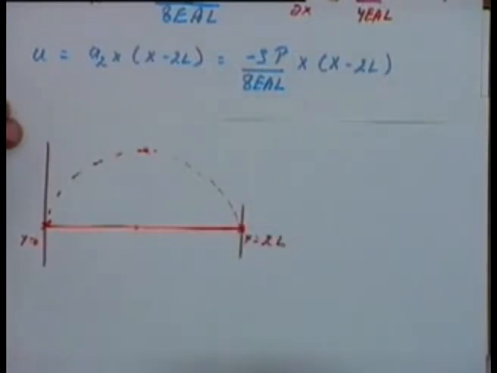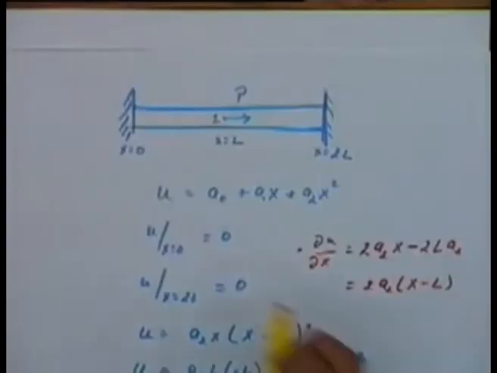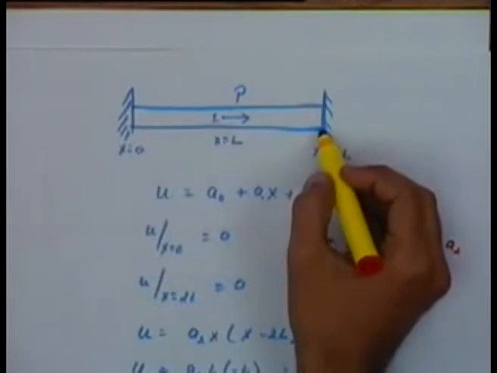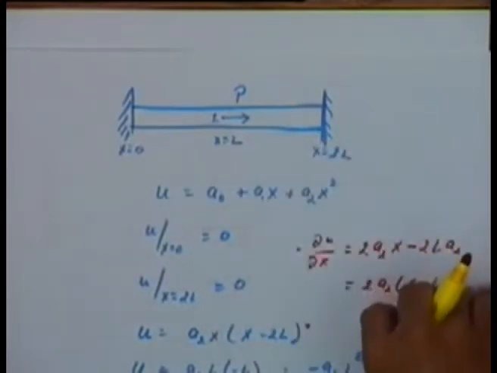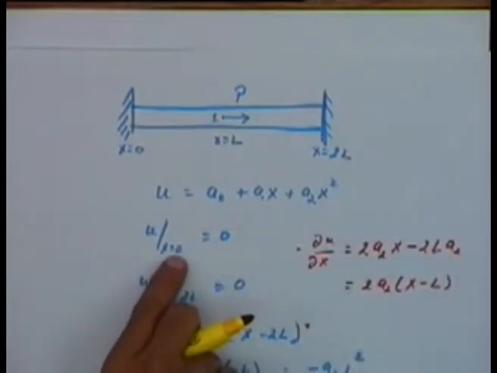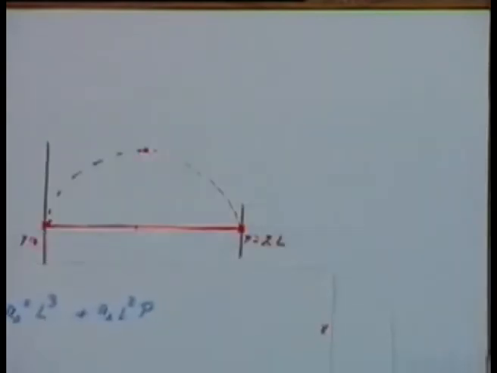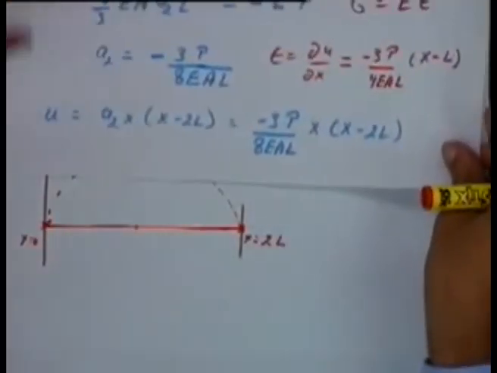Why should it be 0 at x equal to 0? Because that is a part of the boundary condition. Look at this figure. It is fixed here. There is no deformation here. That is why we give the boundary condition as at x equal to 0, u is equal to 0. What was the equation for u?